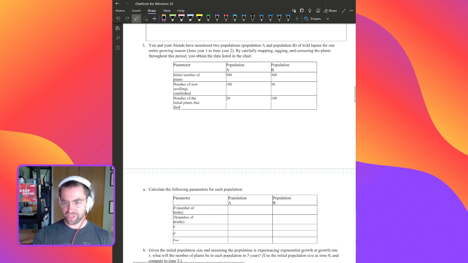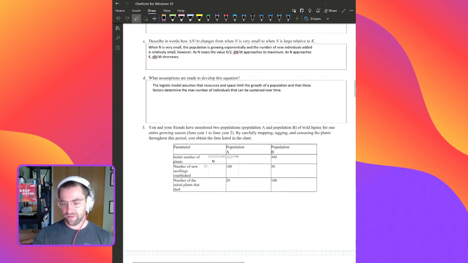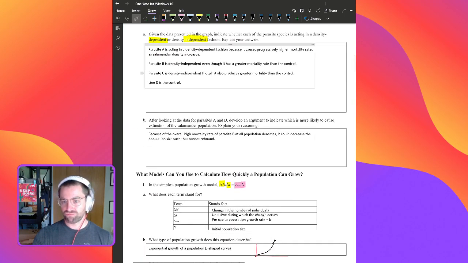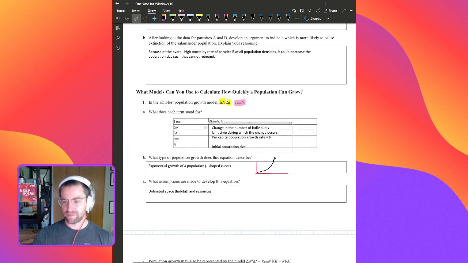All right, so we've got population A, we have initial number of plants, that's our N. I'm just going to write that here. N value, with number of new seedlings established. And that would be our, what did I call this? That's not our per capita population growth rate, excuse me.